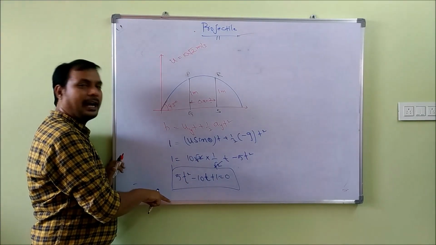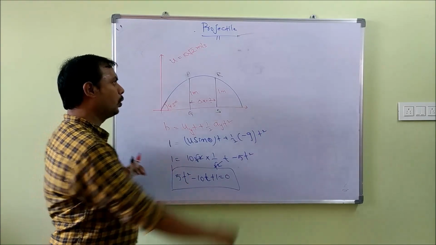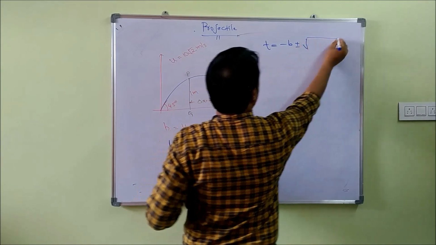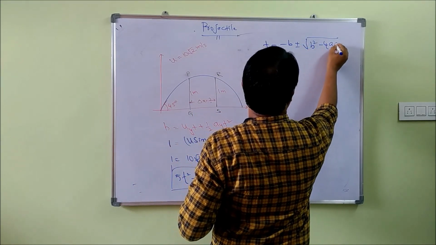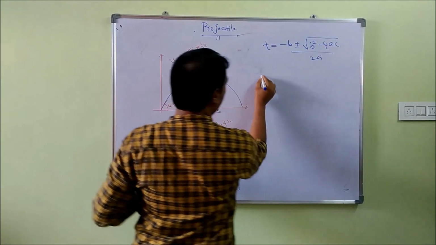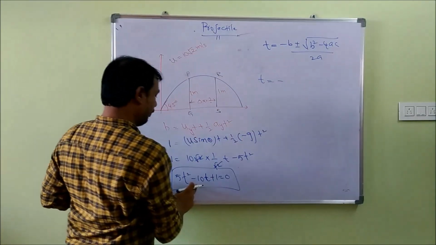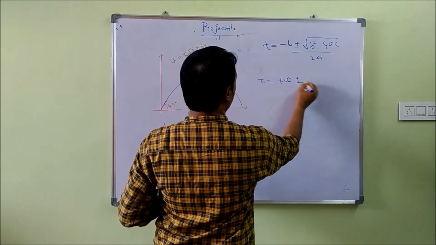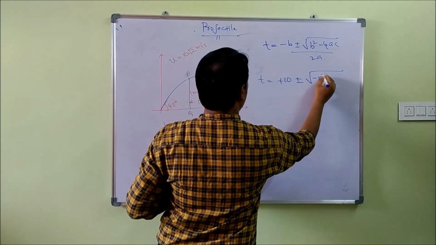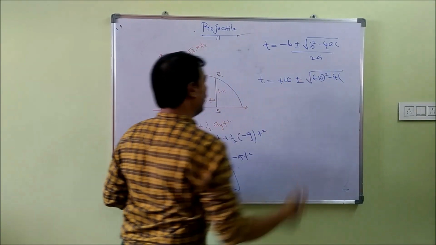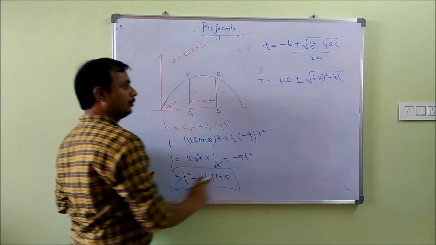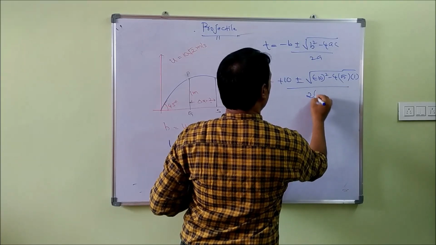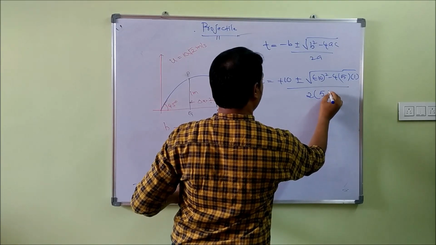So solving for time, I think you know how to solve the quadratic equation: minus b plus or minus root of b square minus 4ac, by 2a. Minus b is 10, and the discriminant is b square minus 4 times 5 times 1, by 2a, where a is 5.